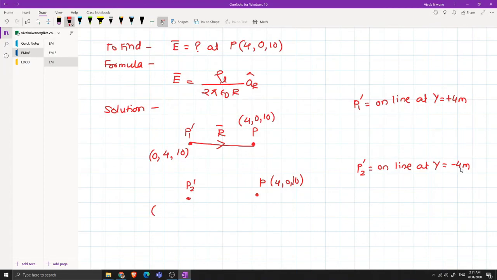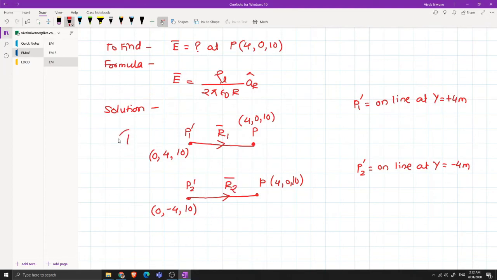Its x coordinate will be 0, y coordinate is minus 4, and the third coordinate will be the same as the observation point, 10. Draw a vector from P2 dash to P, vector R. Let us call it R1 and R2.